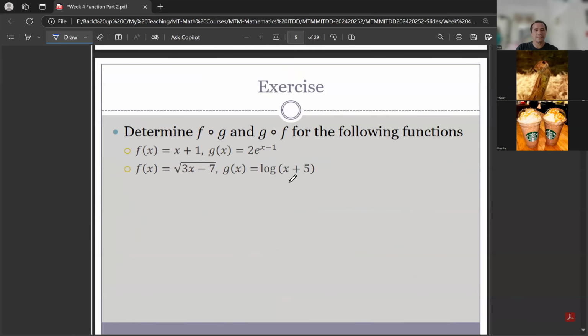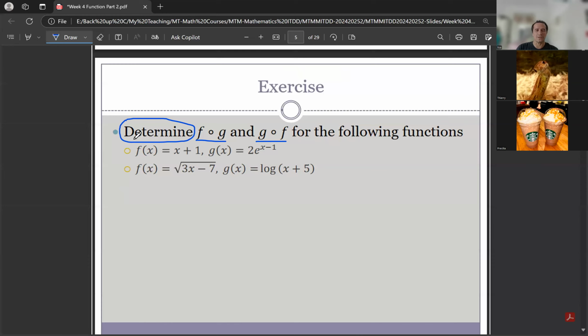Okay, look at this exercise. We have f∘g and g∘f for two problems. This is problem one, and the second is problem two. This exercise only says how to determine them.